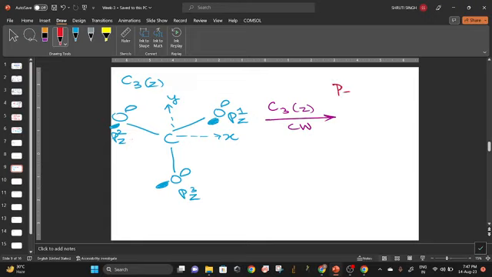Yes, so PZ1 will become PZ2. Instead of PZ1, PZ2 will come. Clockwise direction we are taking as positive. And instead of PZ3, PZ1 will come. So what will the matrix look like?